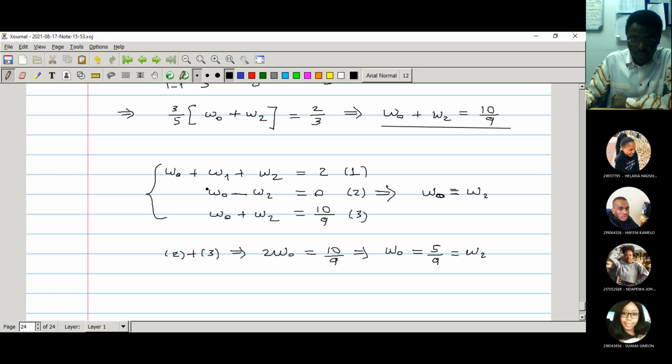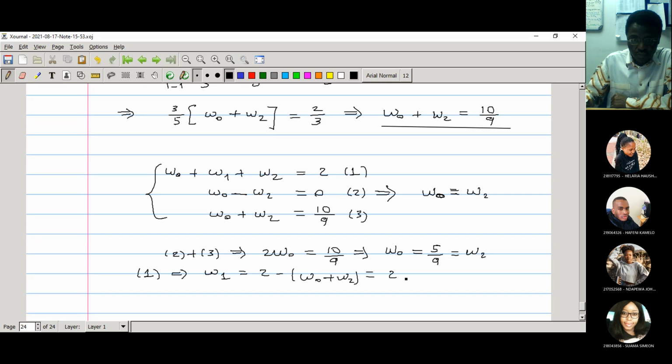Now to get W1 from the first equation, W1 is 2 minus the sum of W0 and W2, right? W0 plus W2. But I know that W0 plus W2 is 10 by 9, right?